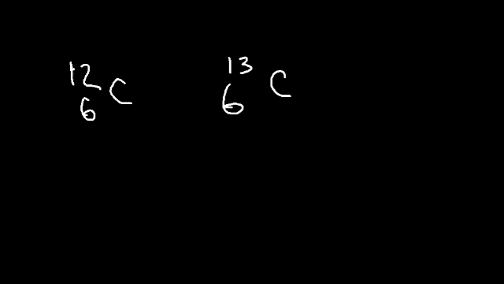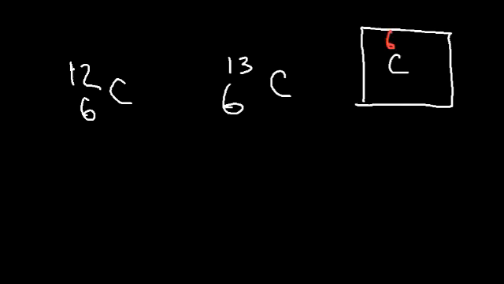Now, if you look at the periodic table at elemental carbon, you'll see that the mass number is not exactly 12. It's like 12.01. As we mentioned before, this is the average atomic mass of all of the carbon isotopes. You also have carbon-14, but that's very, very rare.